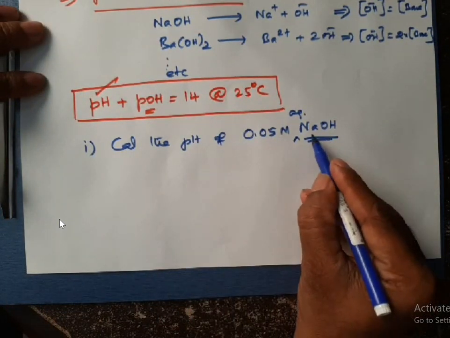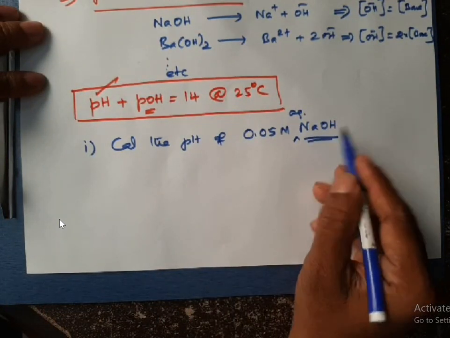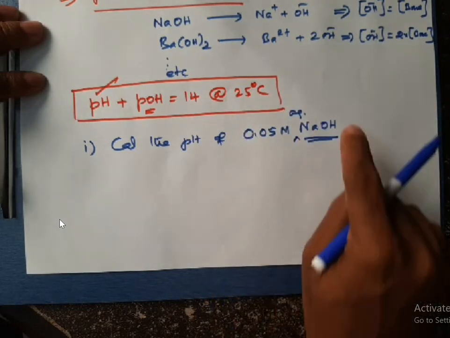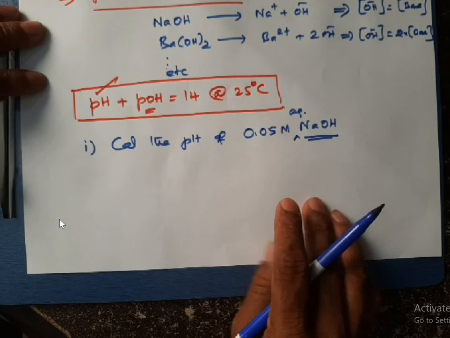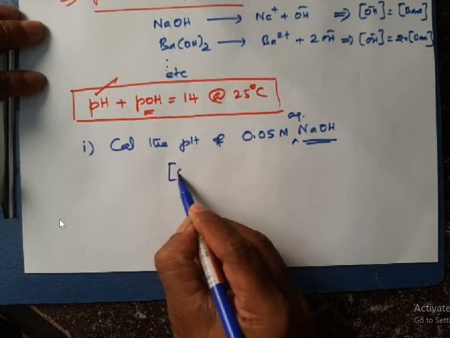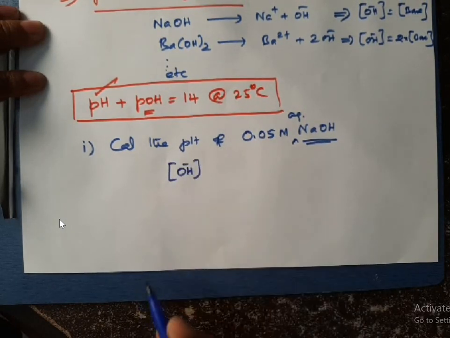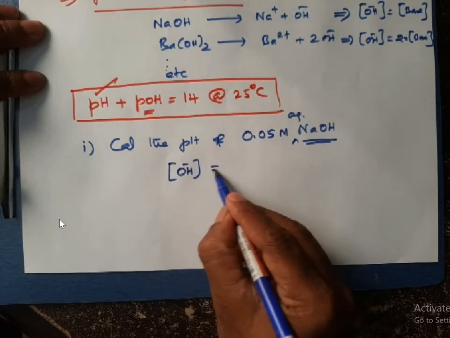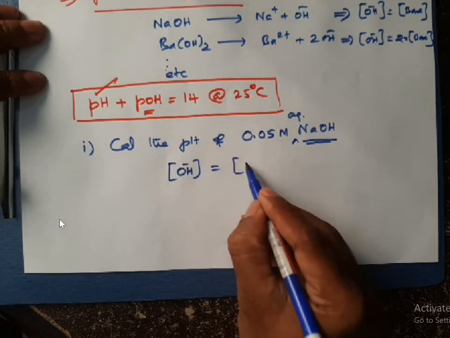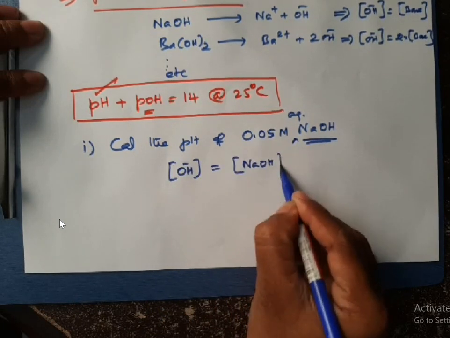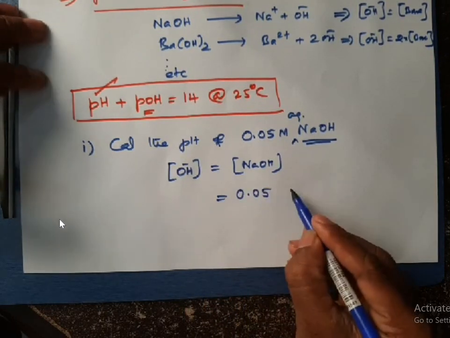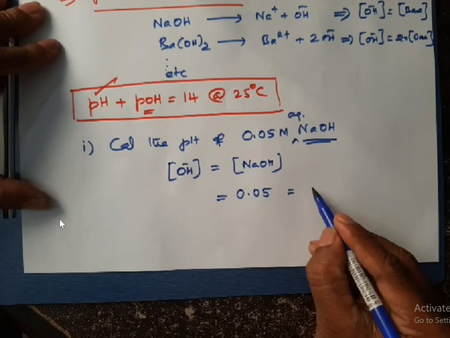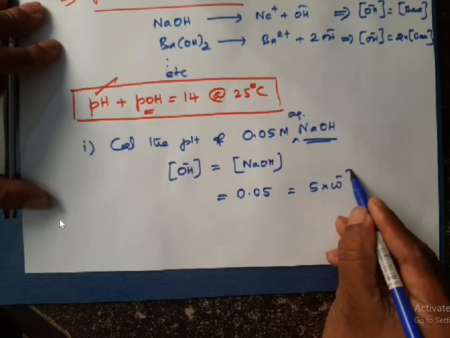And here sodium hydroxide is a strong base, it will undergo complete ionization. One molecule of sodium hydroxide provides 1 OH minus ion. Therefore, concentration of OH minus ion is equal to concentration of the sodium hydroxide, which is nothing but 0.05 molarity, or I can write this as 5 into 10 power minus 2 molarity.